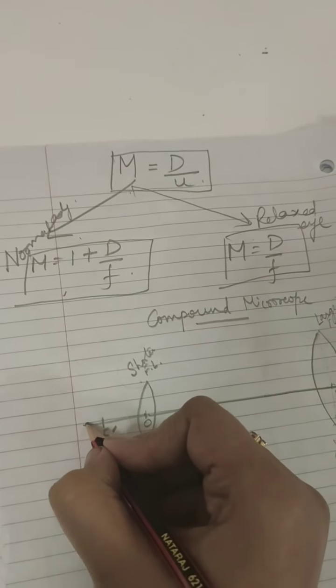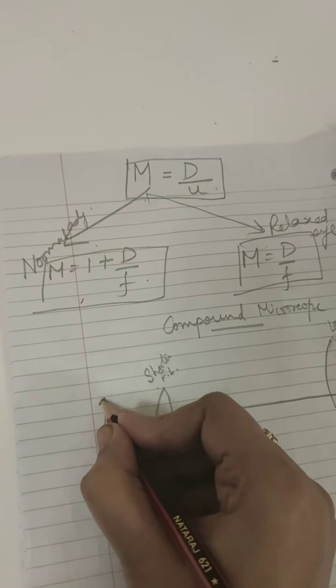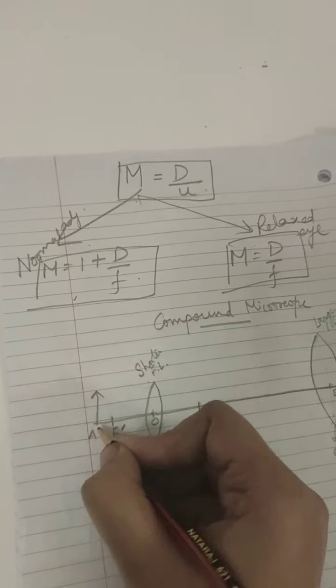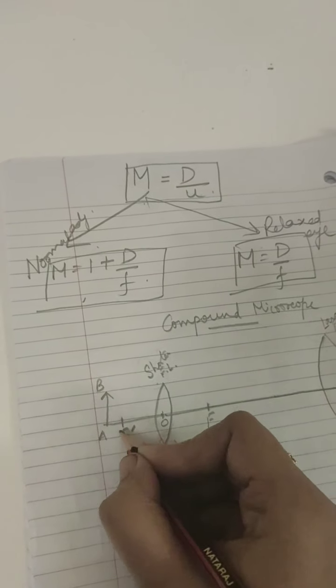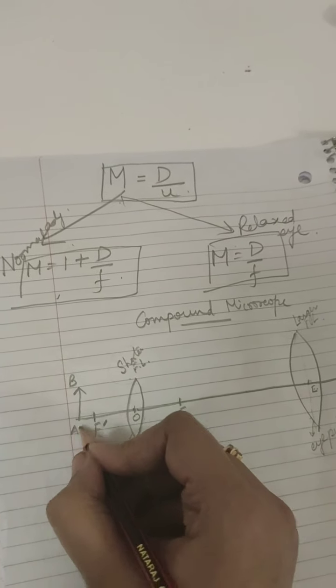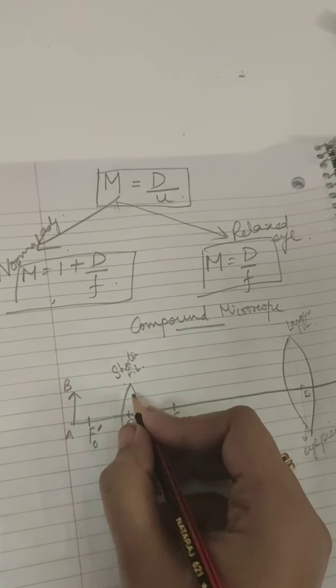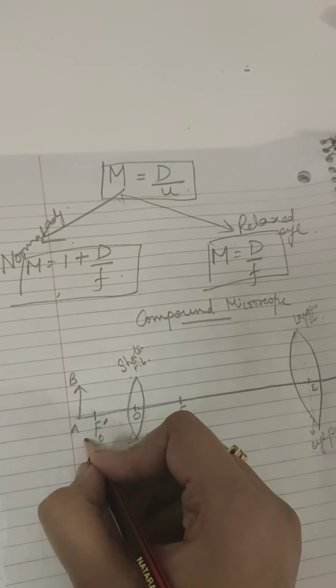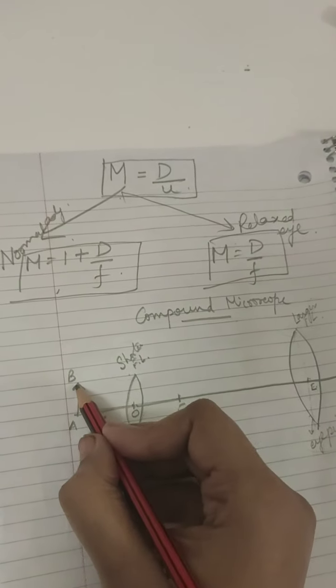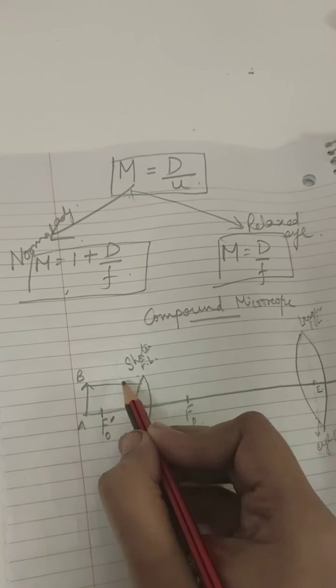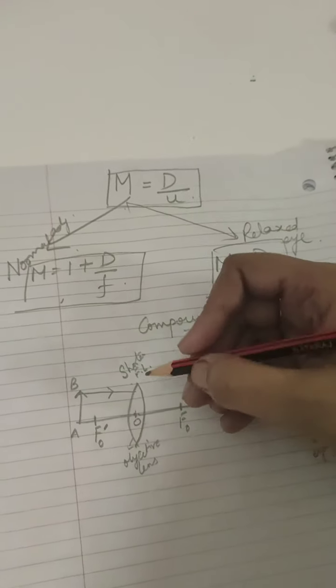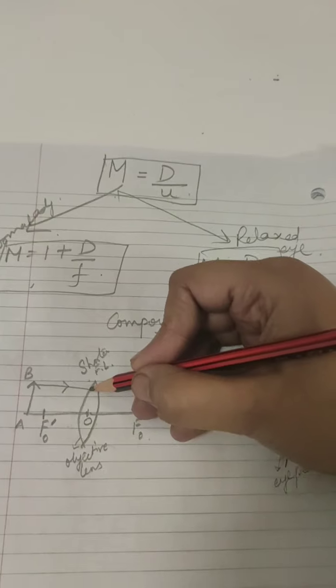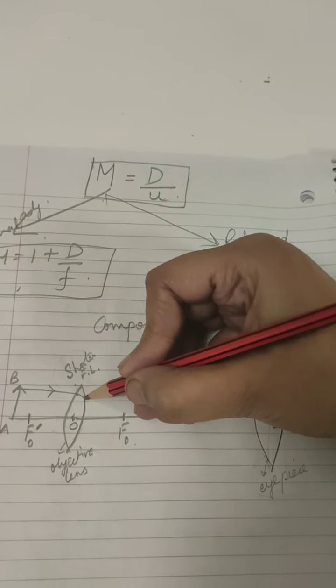We are keeping the object AB beyond the first focus of the objective lens. So what will happen? A ray of light parallel to the principal axis will pass through the second focus.